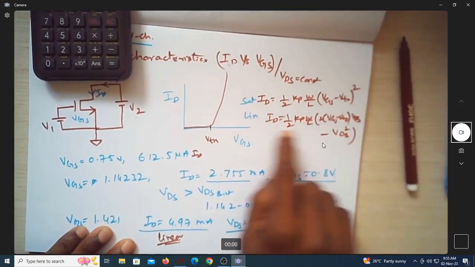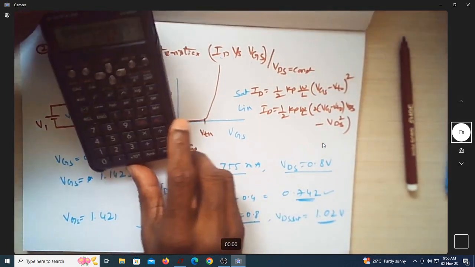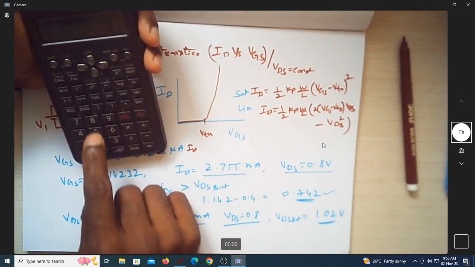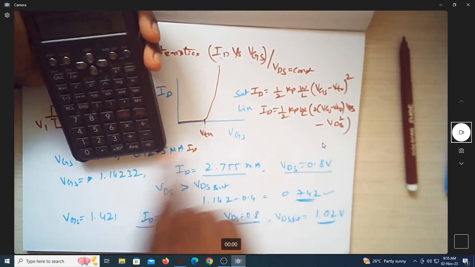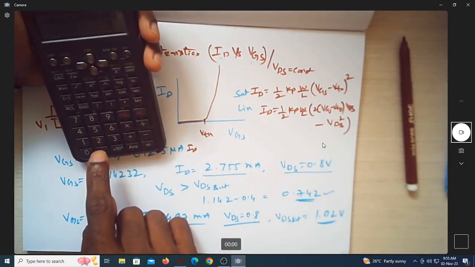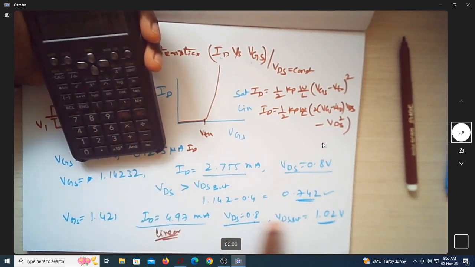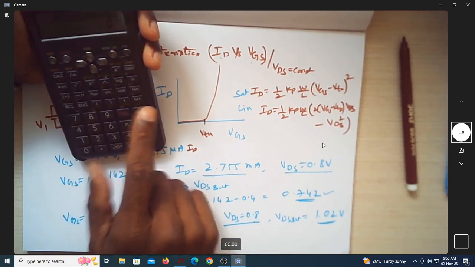If I go back and verify, this should almost tally with this particular reading. So what I'll do is 100 into 10 power minus 6, into 50, into 2, into 1.02 into 0.8 minus 0.8 square.